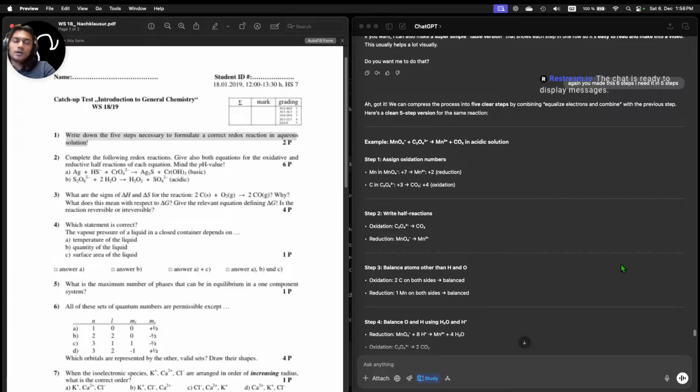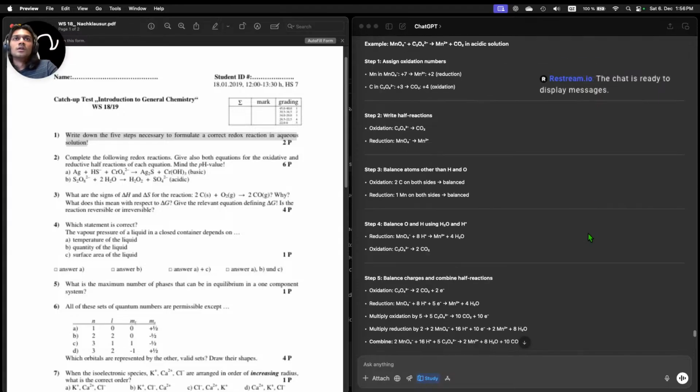Then balance charges and combine half reactions.